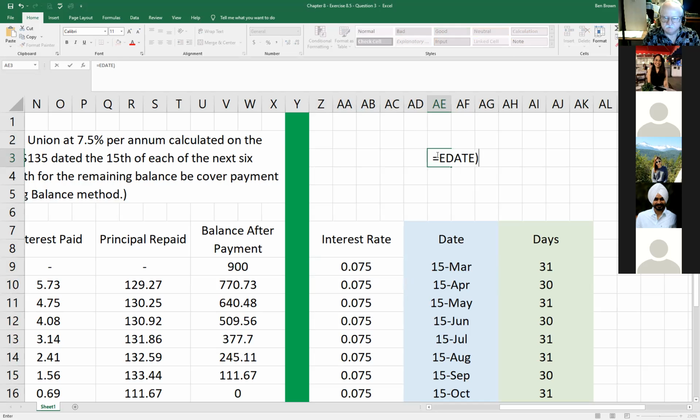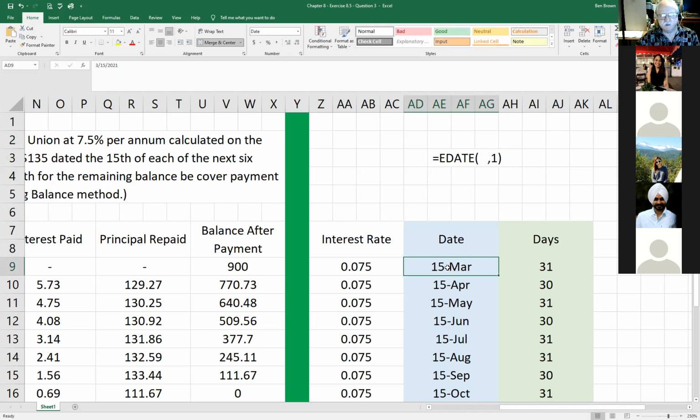Equals EDATE, and whatever date you're dealing with could come from here, and then a comma, and I put in a 1. And notice what this does for me.